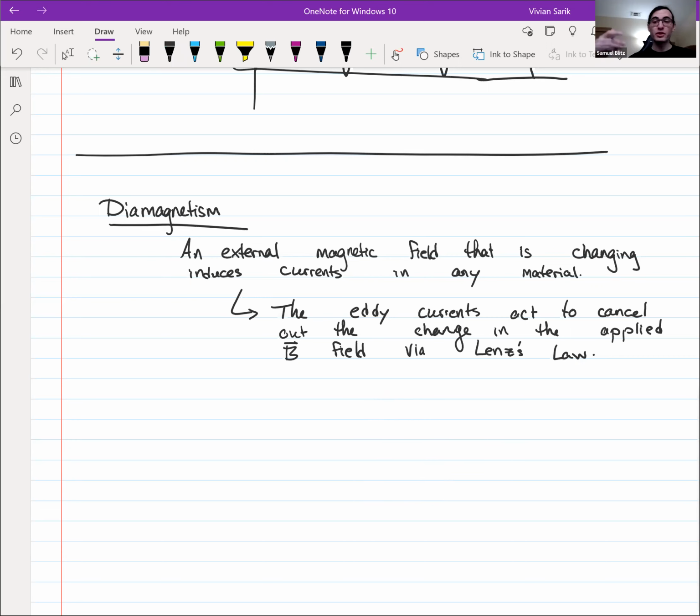Right. So in most materials, especially insulators, the induced eddy currents produce magnetic fields that are so small that they don't really have any noticeable effect. So this would be the induced magnetic field.